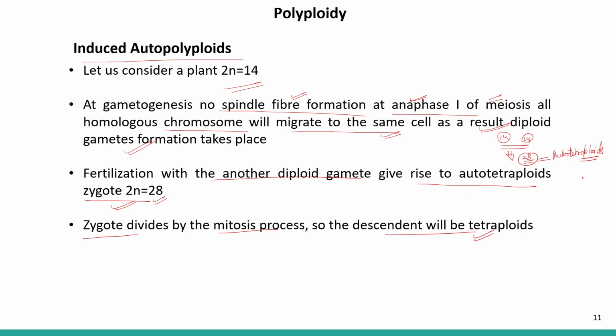So the zygote, when it divides, will form all cells having 28 chromosomes. That is the example of how tetraploids are formed.